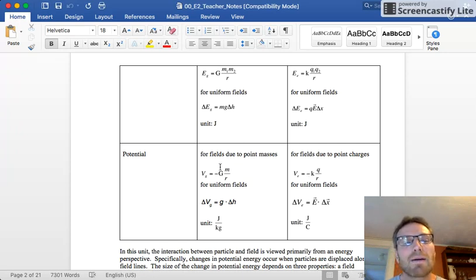Here with the gravitational potential analogy or corresponding equation, this negative suggests that as r decreases, the distance between my two objects decreases, then my potential would decrease, because as my r gets smaller, I get a larger negative value for potential.